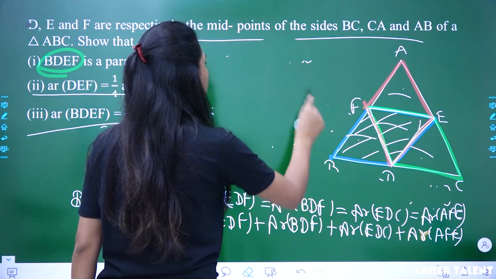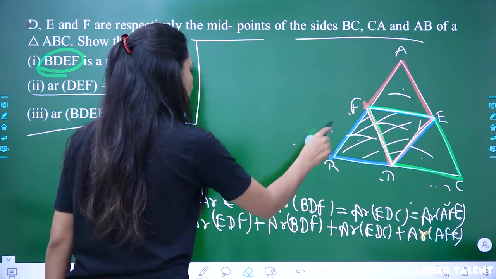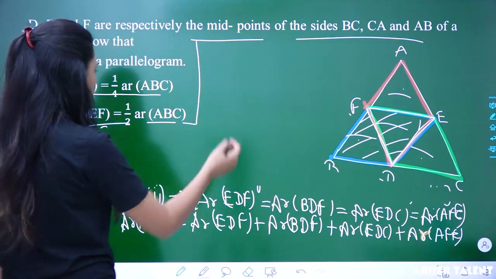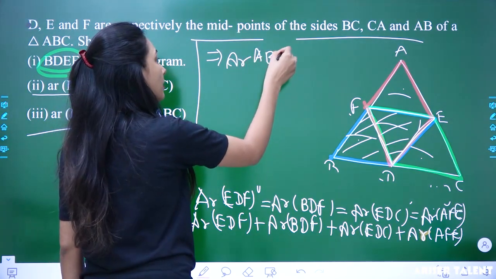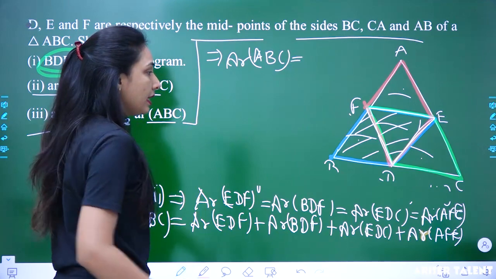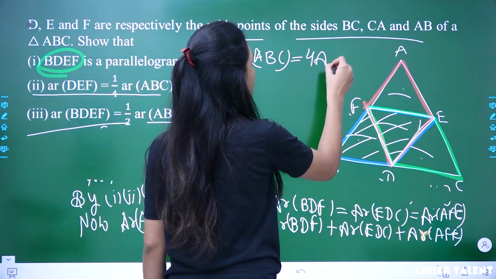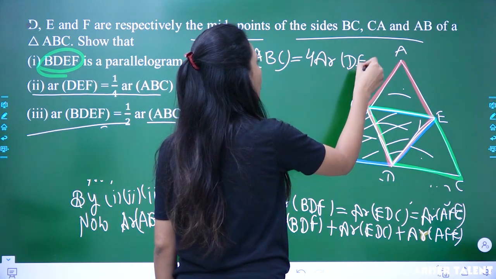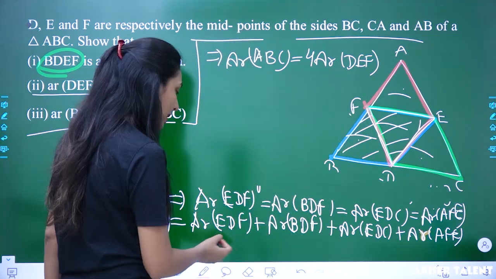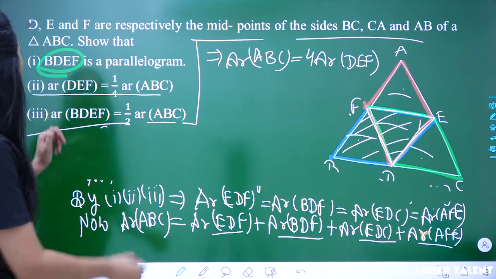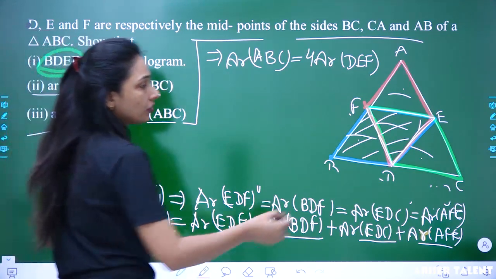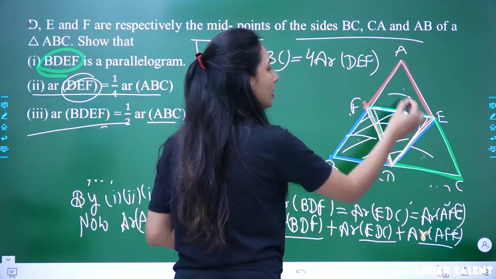So I can replace here, this implies that area ABC will be equal to what? 4 area DEF, because I am going to replace each and everything with DEF, DEF, DEF. Okay, so this area is equal to all these three areas.